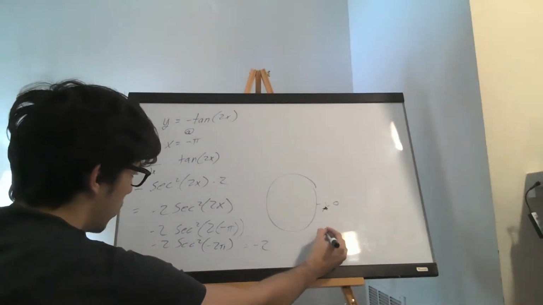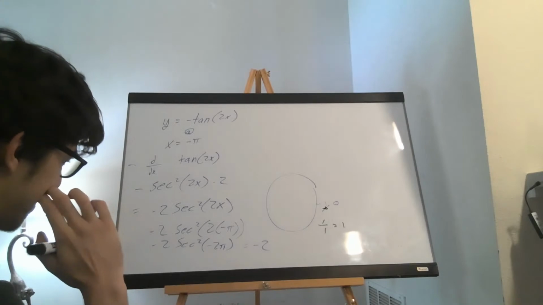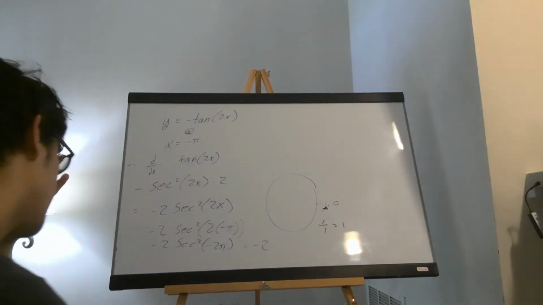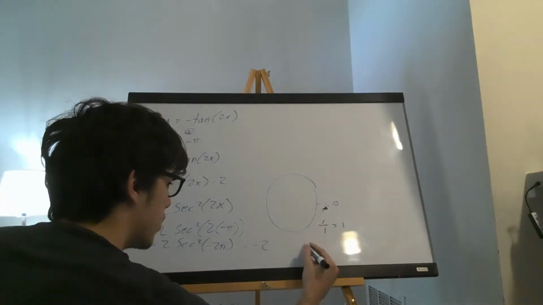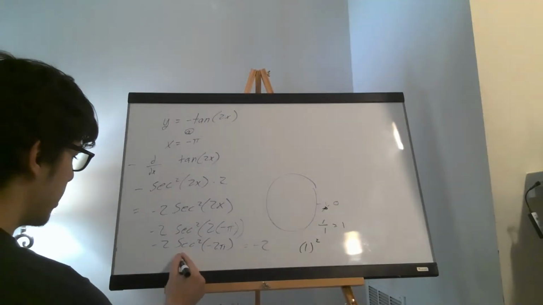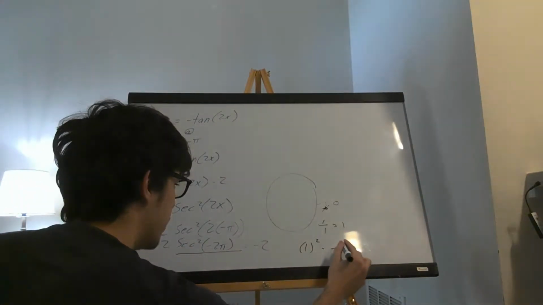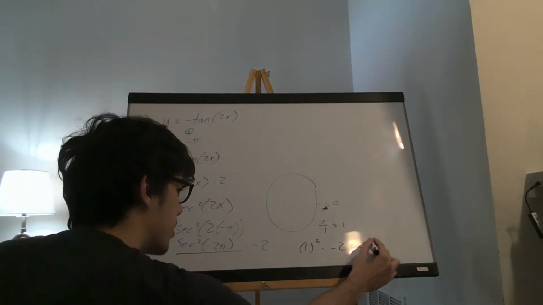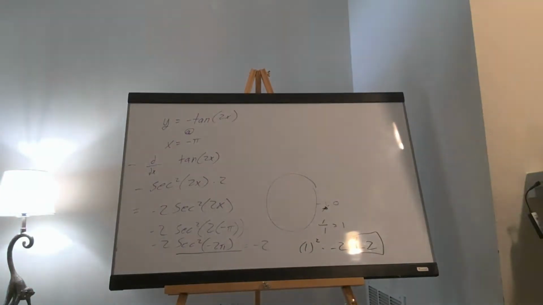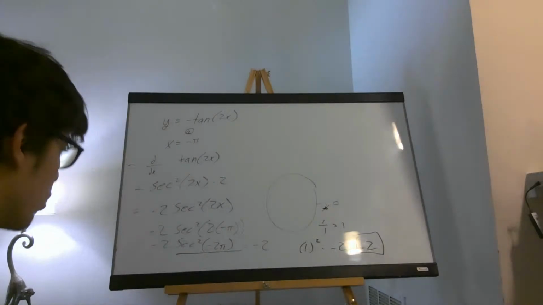So if we take 1 and divide it by 1, it's still going to give us 1. So we've got 1 squared. We can plug that in for this entire expression right here. And then we've got to multiply it by negative 2, and that's going to give us negative 2. So you can solve it quite easily without a calculator.